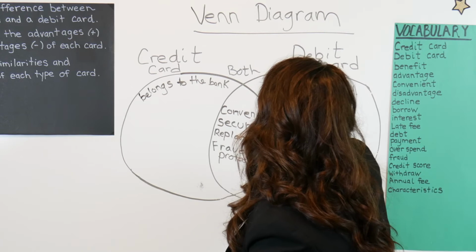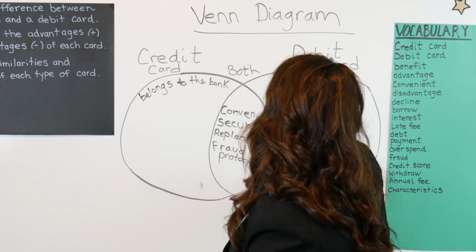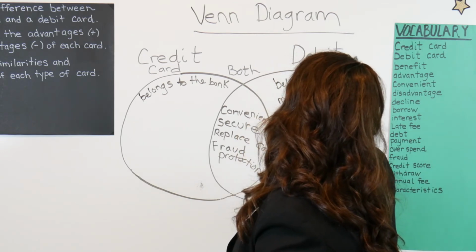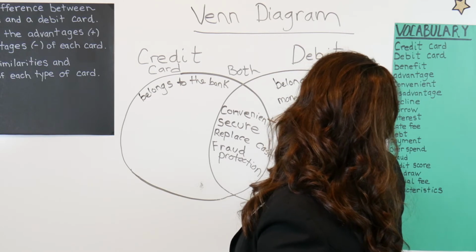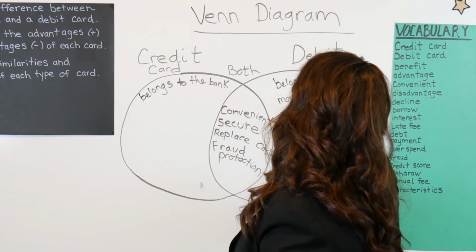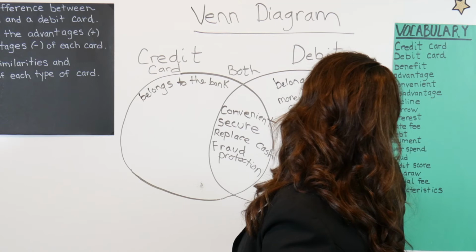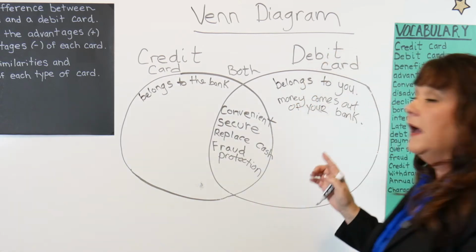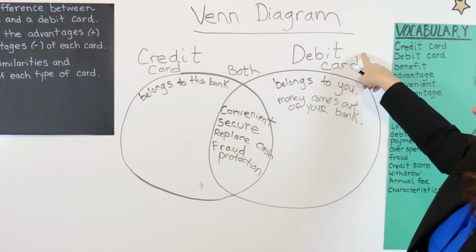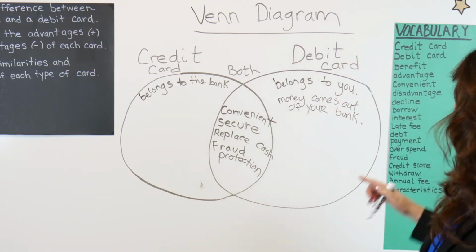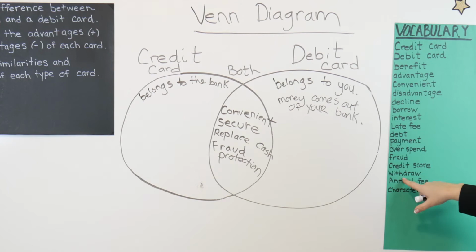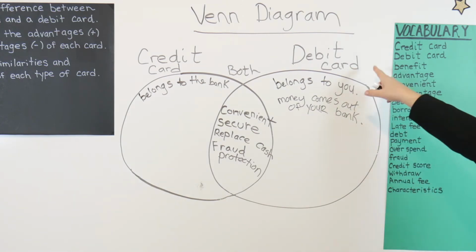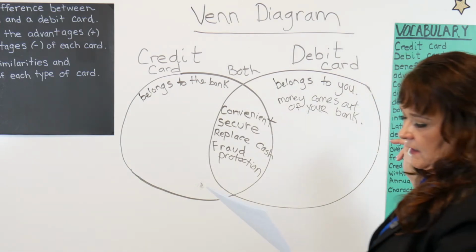This money comes out of your bank. Another thing that a debit card does is you can take cash or withdraw cash from the bank using the debit card.